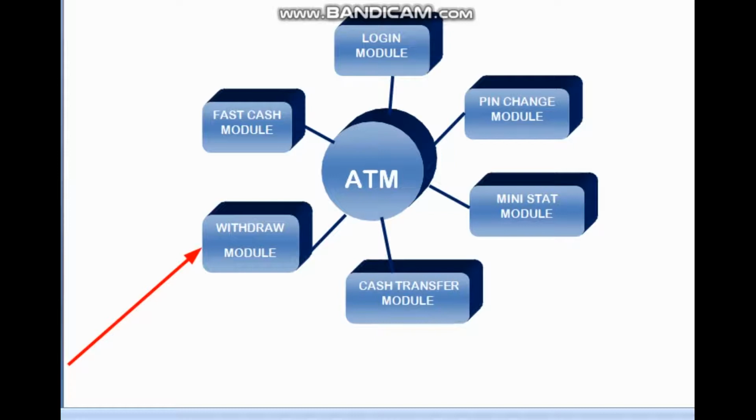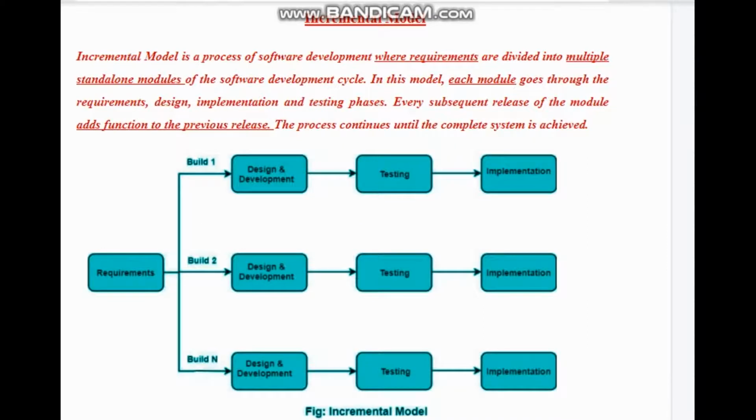Okay, now let me go towards another model. I think you are clear with it. So let me tell you about the next model. Our next model is the incremental model. So what exactly happens in the incremental model?